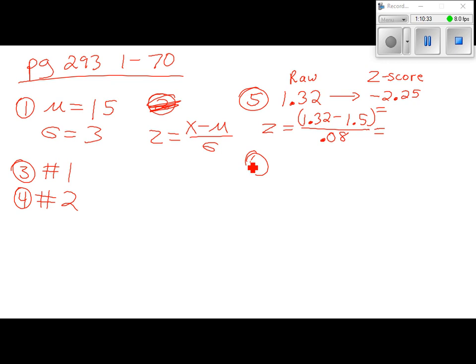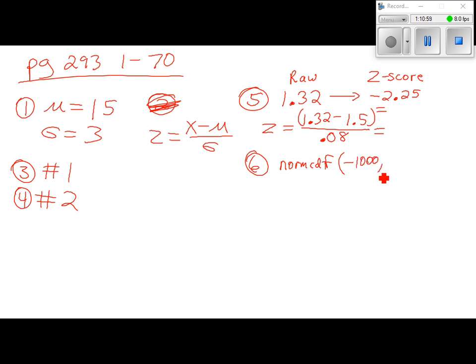Look at number 7. They give us a z-score of 0.46. We could just use our calculator if you wanted. There you just do a normal CDF. What's the low limit on that? Negative 9.